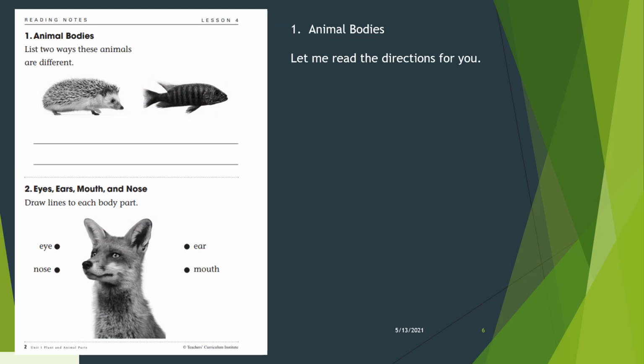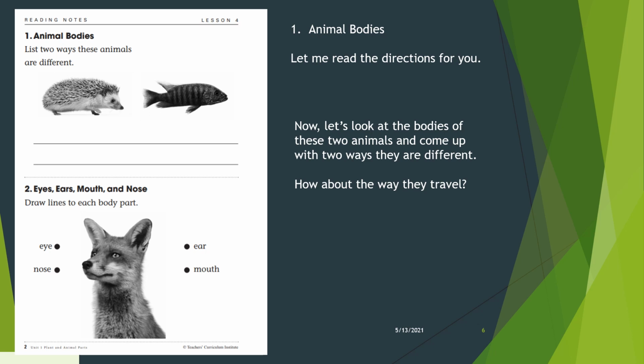Turn to the next page in your workbook. It looks like this. Number 1, animal bodies. Let me read the directions for you. List 2 ways these animals are different. Now let's look at the bodies of these 2 animals and come up with 2 ways they are different.